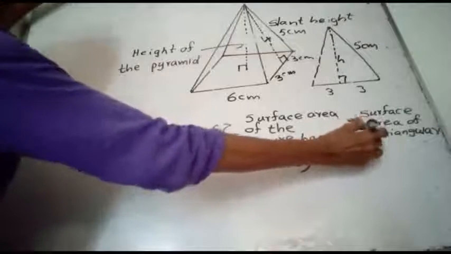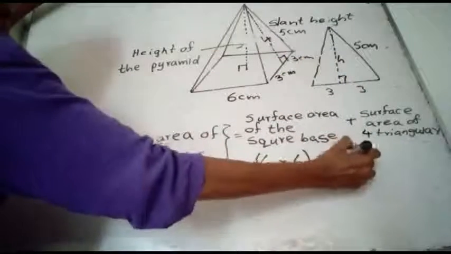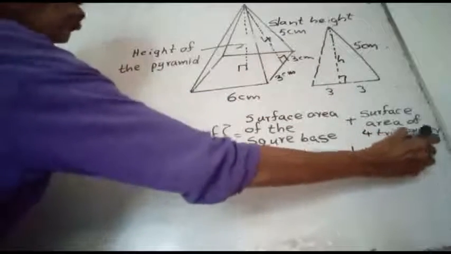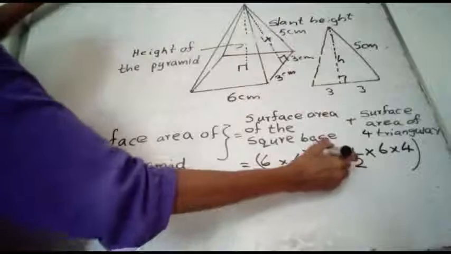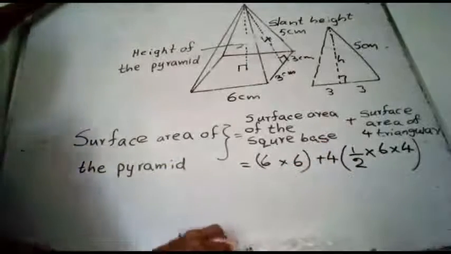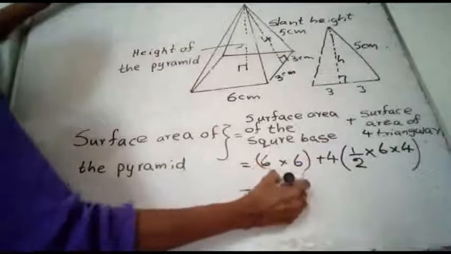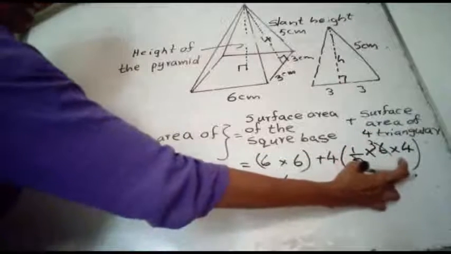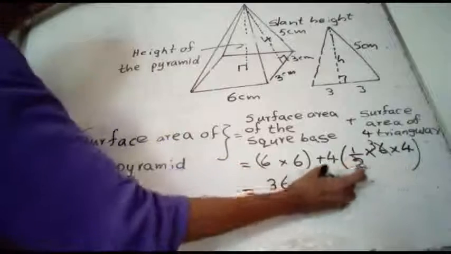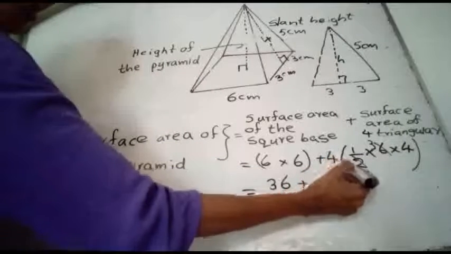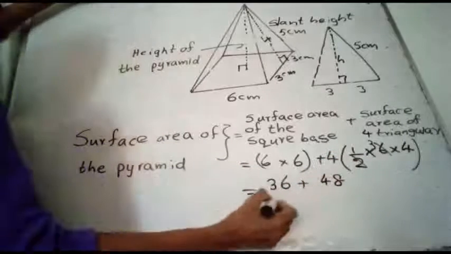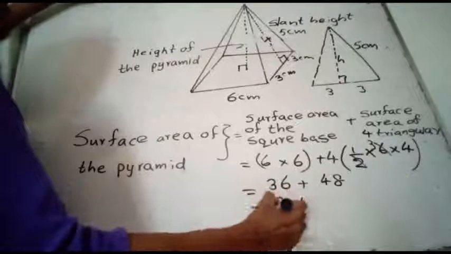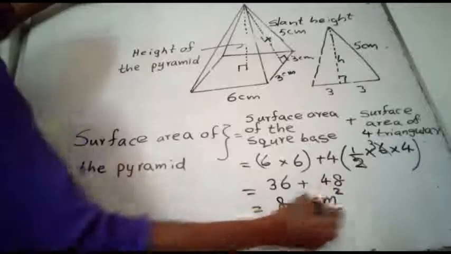Surface area of one triangular surface is equal to half multiplied by 6 multiplied by 4, which is 12. 4 triangular surfaces is 12 times 4, which is equal to 48. 48 plus 36 is equal to 84 square centimeters.